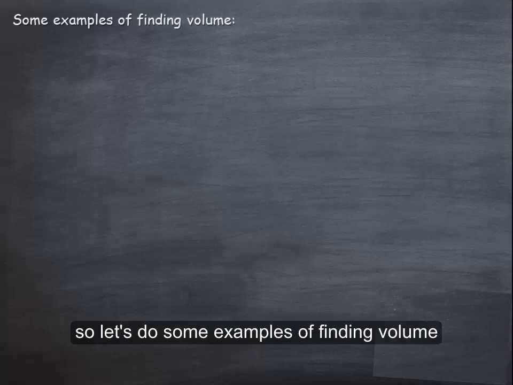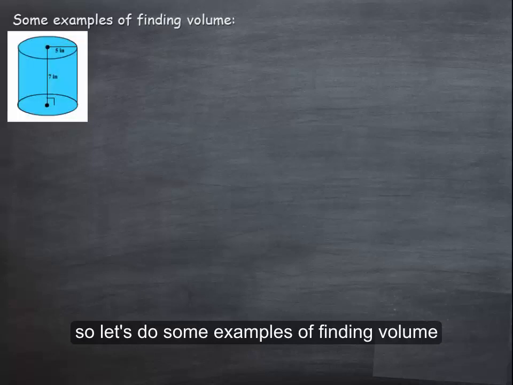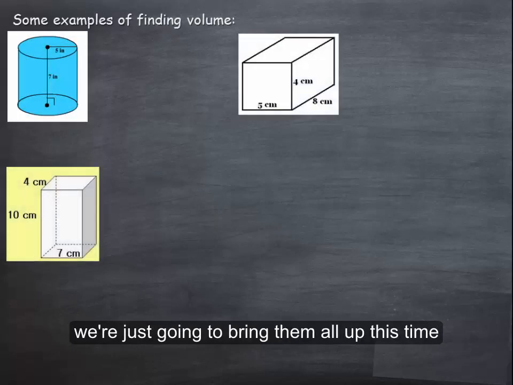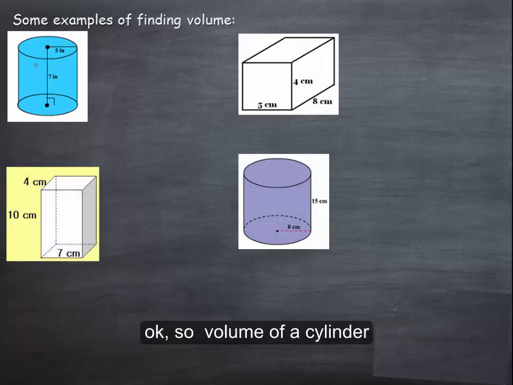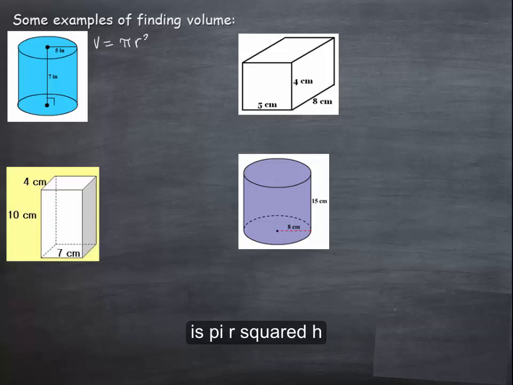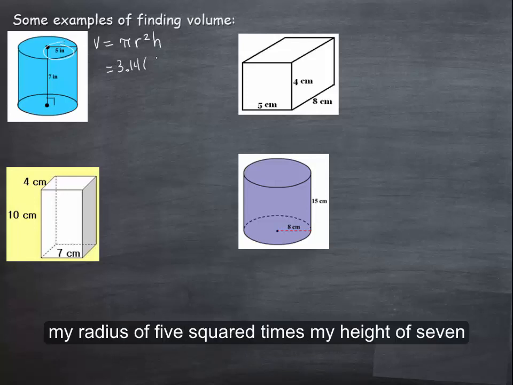So let's do some examples of finding volume. I'm just going to bring them all up this time. Okay, so our volume of a cylinder is pi r squared h. So I have 3.14 times my radius of 5 squared times my height of 7.